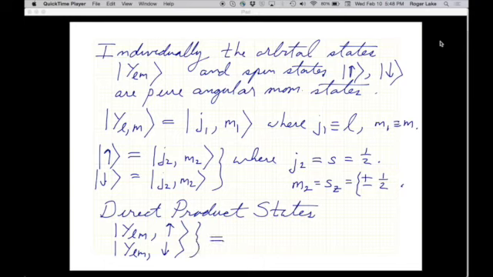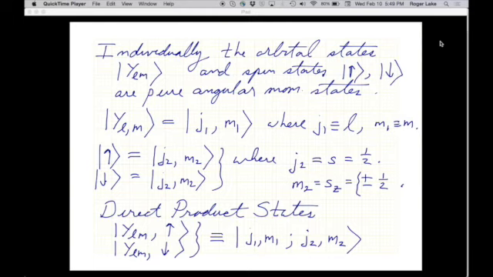In this new notation, which is just a change of notation to get ready for the next step, we write that as J1 M1 J2 M2. So that's our direct product state. It's just a one-to-one correspondence. J1 is L, J2 is S, M1 is the z component of L, -1, 0, or 1. M2 is plus or minus a half.